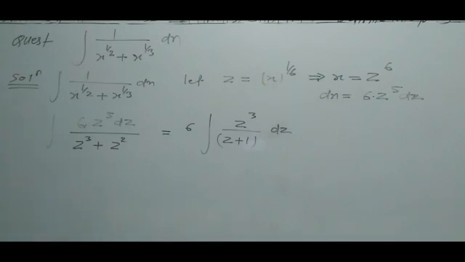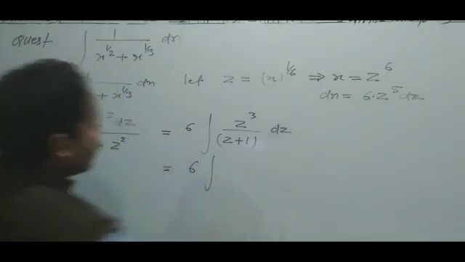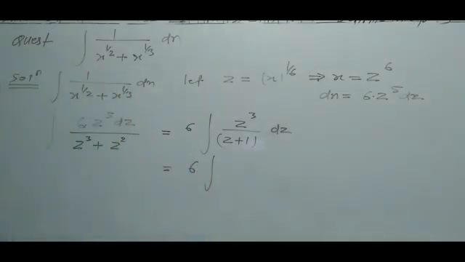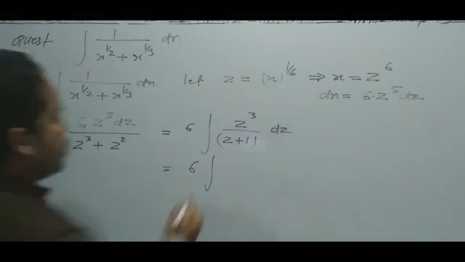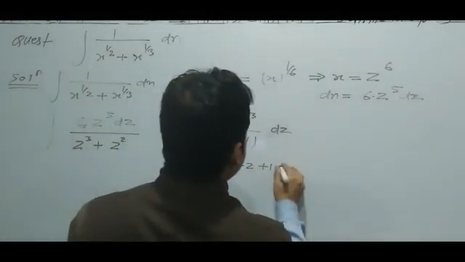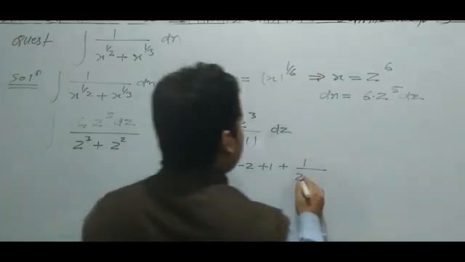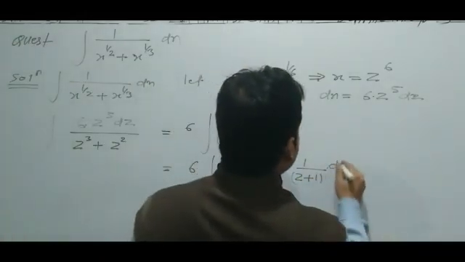First of all, we have to do partial fractions. So after partial fractions, this result will be 6 times integration of z square minus z plus 1 plus 1 upon z plus 1. And now you can integrate easily.